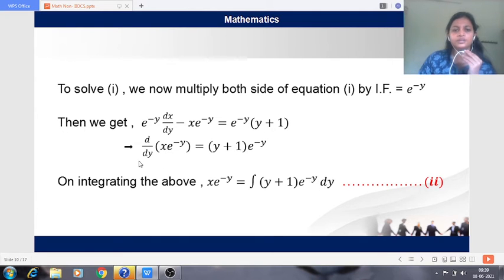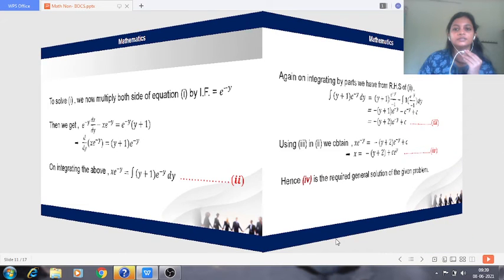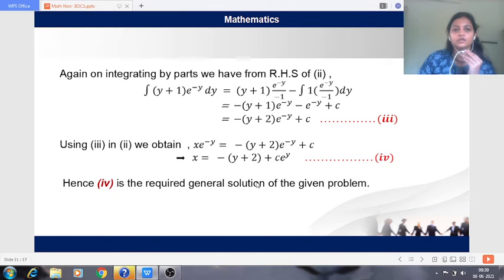Now we integrate this equation. On integrating the above equation, we get x into e to the power minus y is equal to the integration of the right-hand side. To integrate the right-hand side we use integration by parts.